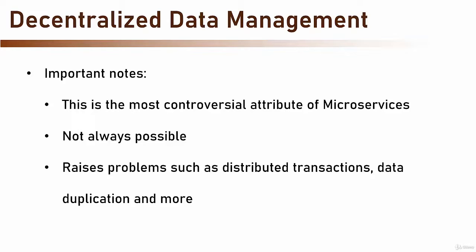We have the number of orders in the orders database and in the customers database. And this is always a bad idea, because if one of the databases goes out of sync, the data will not be consistent. So to summarize, this is not always possible, and you, as an architect, should not insist on having separate databases for each service. This should be decided upon on a case-by-case basis.